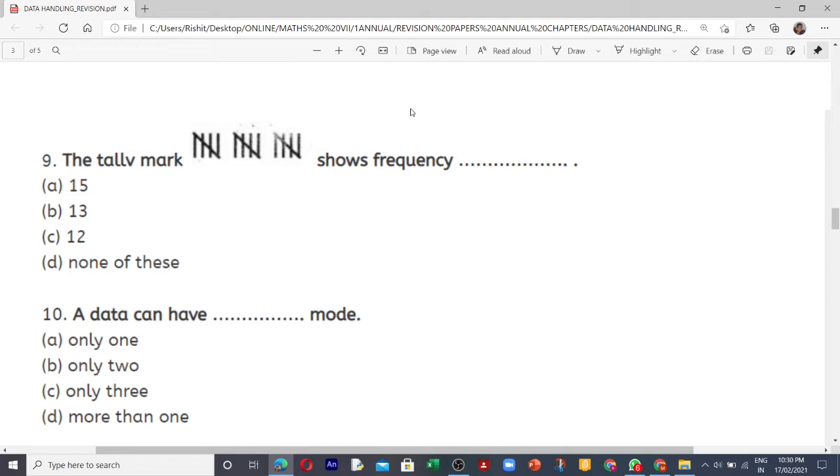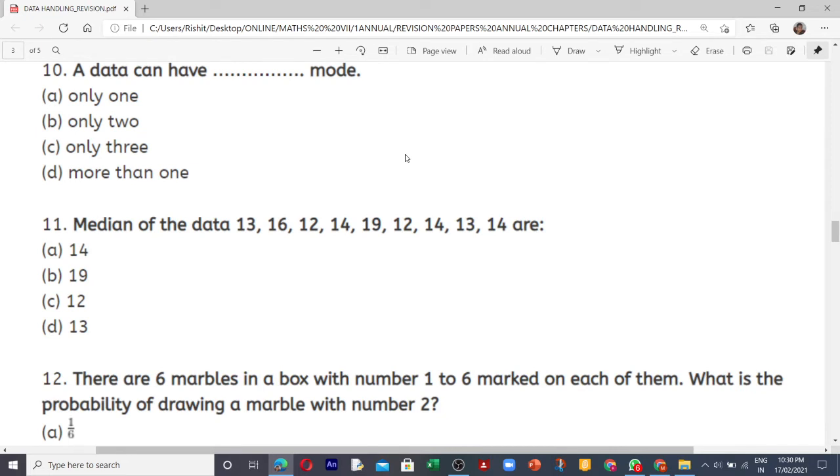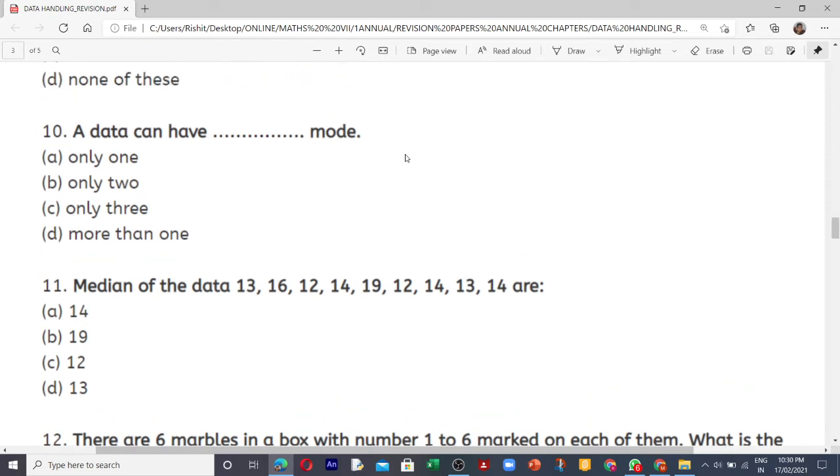Now next. Question number 11. Median of data. What is the median? So let's see how many observations there are. Try to arrange it in ascending order and then apply the median formula.